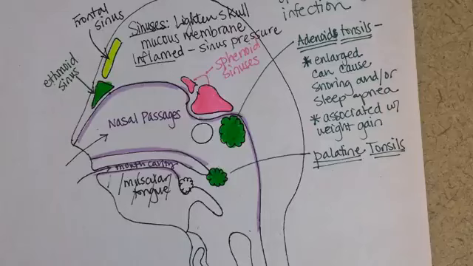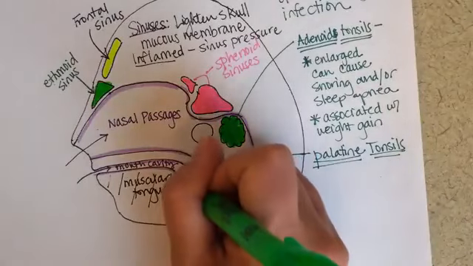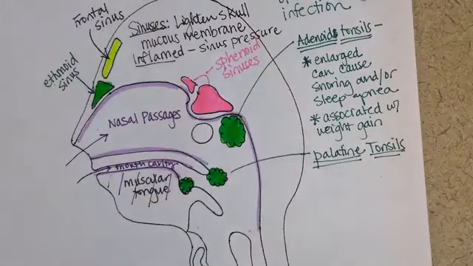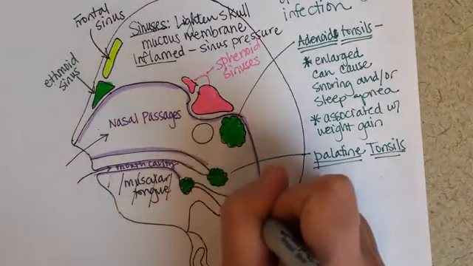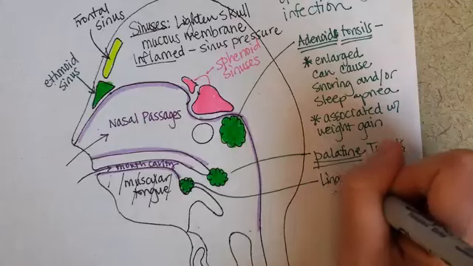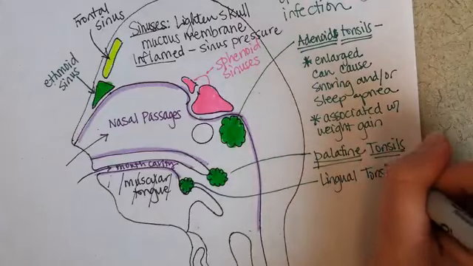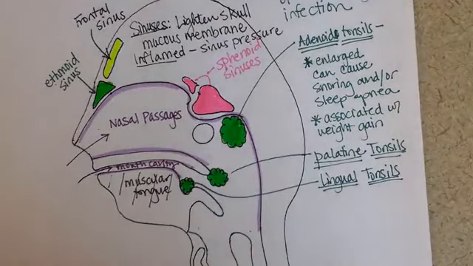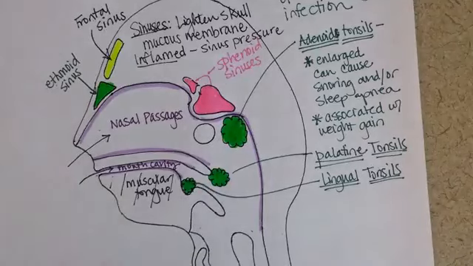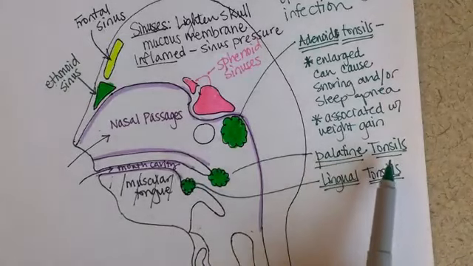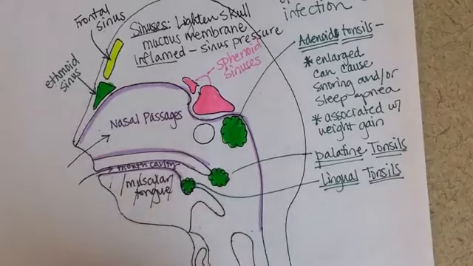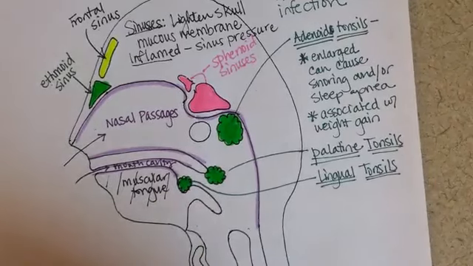And then there are also lingual tonsils. And the lingual tonsils are, as you can see, tucked down on either side at the back of the tongue. So palatine tonsils are ones that are commonly removed in kids if they get very enlarged from repeated strep throat, for example.